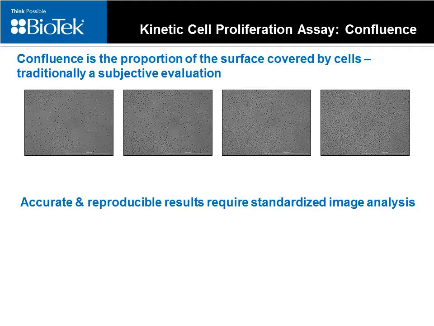For instance, I imagine that if I was to ask you, all of us would agree that the cell confluency is different across these four images shown here. But if I was to ask each of you to quantify the specific confluence of these images, I would get a considerable range of values. So really, to get accurate and reproducible confluence measurements requires a rigorous and standardized image analysis method.